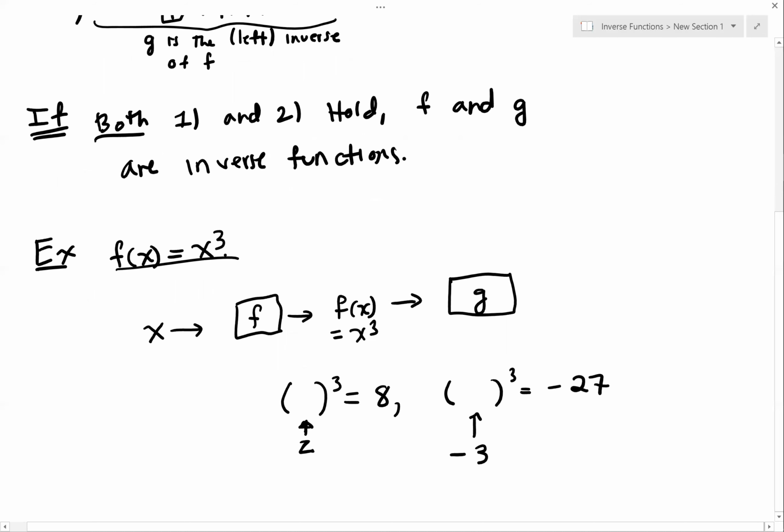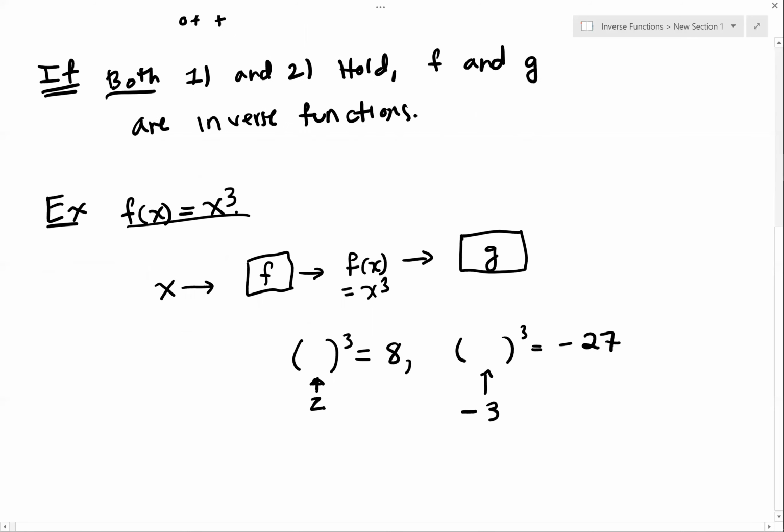If you can always answer that question, every time, then that means that function has an inverse. You can undo it. So if I plug it into g, where g of x is the undoing of the cube, what undoes a cube? That's the cube root. The cube root cancels the cube out.